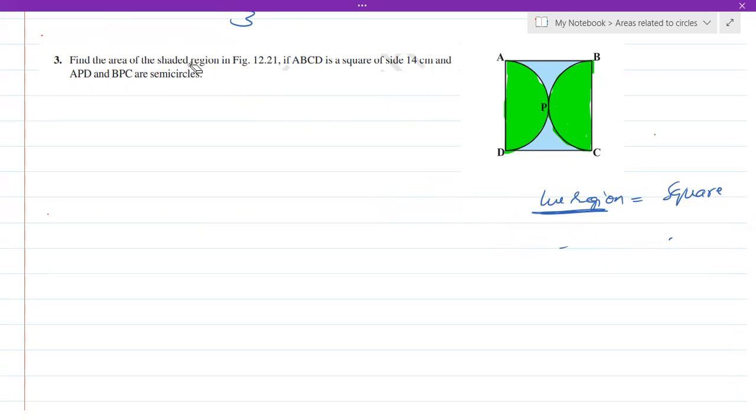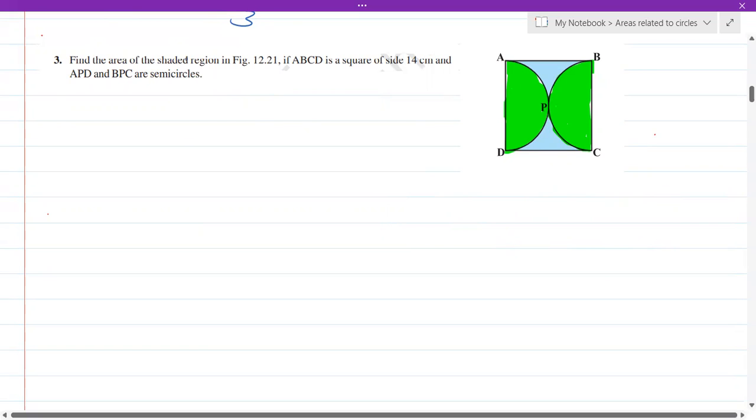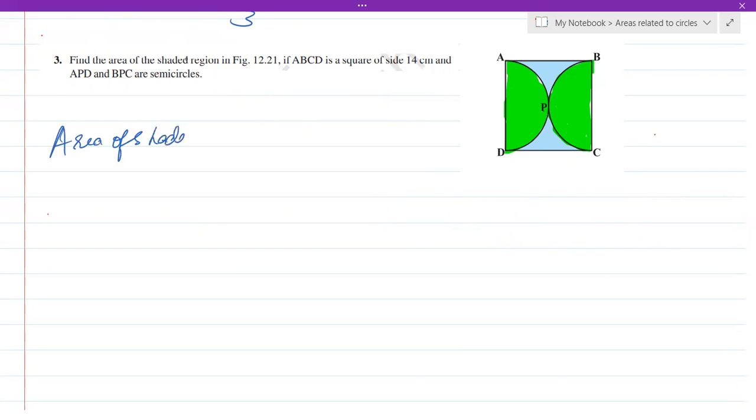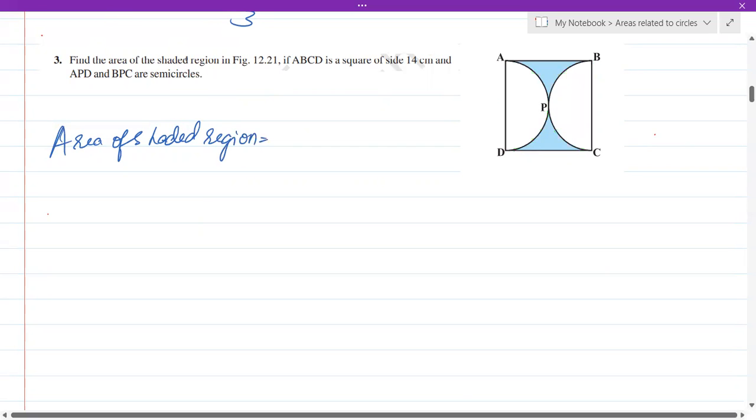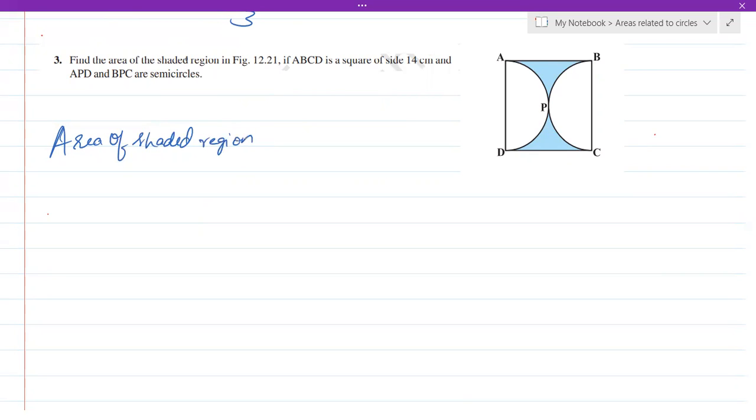So we have understood that the area of the shaded region, the one which is shaded in blue color, will be equal to the entire area of the square.